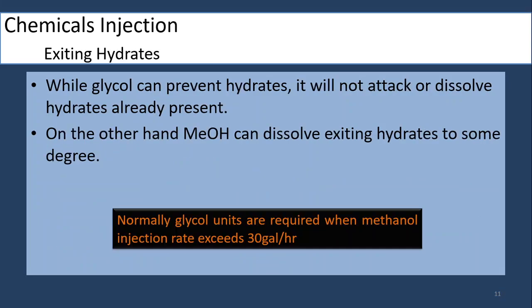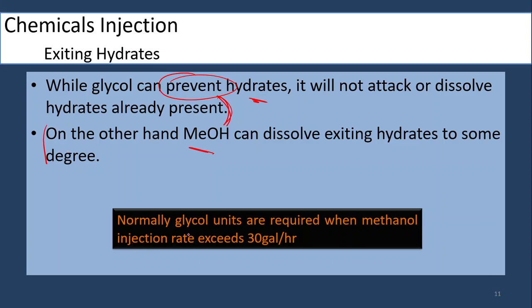Next, if a small amount of hydrates is already present, then what will happen? While the glycol can prevent the hydrates, it will not attack or dissolve the hydrates that are already present. Means it can only prevent but not dissolve the already present ones. On the other hand, the methanol can dissolve the existing hydrates to some degree. So we can say in this one, methanol has the upper hand as compared to the glycol.